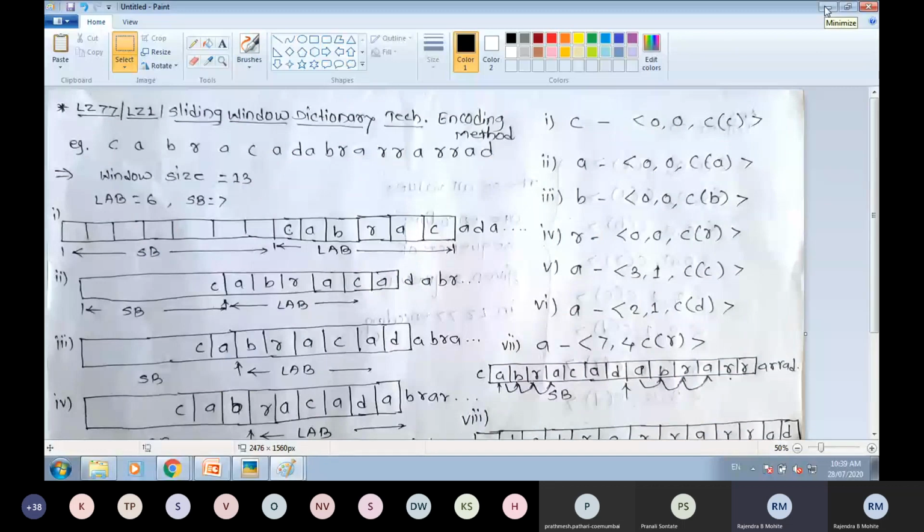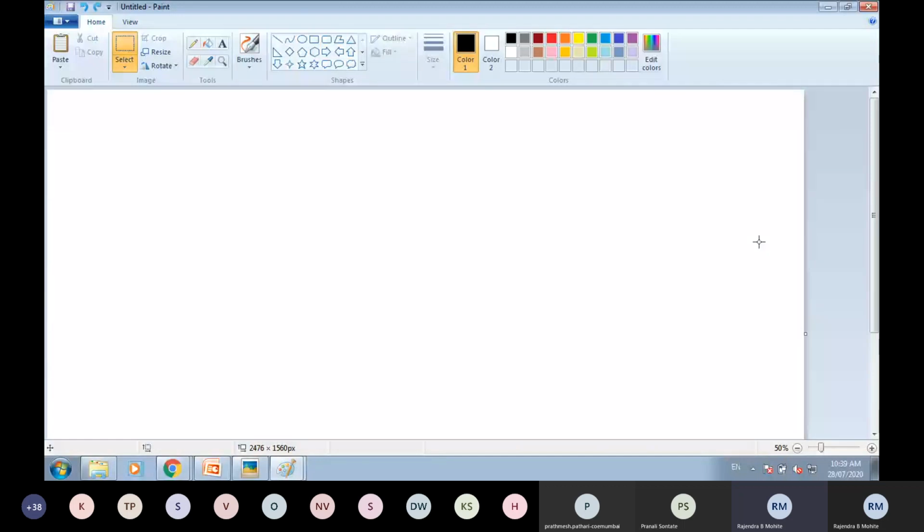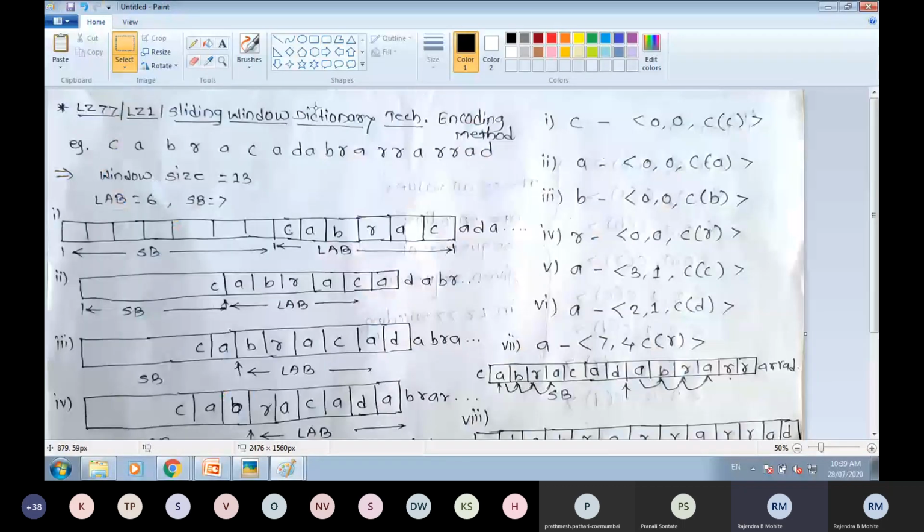These are the required things I will discuss here, and based on that you can start the LZ77 encoding method. We will see both the encoding as well as the decoding method. I am again repeating a few things here.